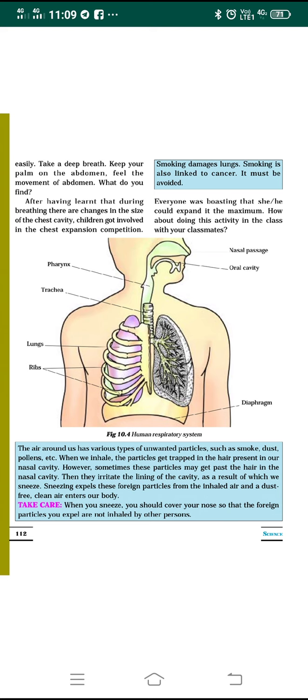During breathing there are also changes in the size of the chest cavity. Children can get involved in a chest expansion competition.